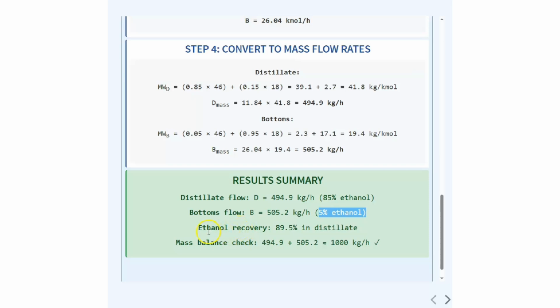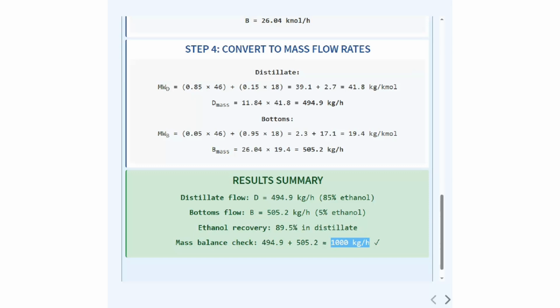If I do the calculation, ethanol recovery will be 89.5% in the distillate. Now if I check the mass balance, we got D mass is 494.9 and bottom mass is 505.2. If I add those, we get nearly 1000 kg per hour. This means that both mass and ethanol balances are satisfied.